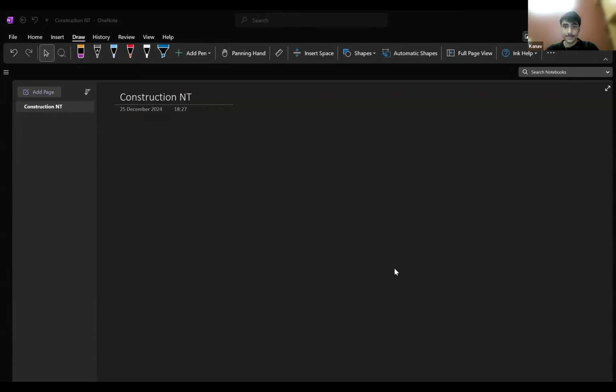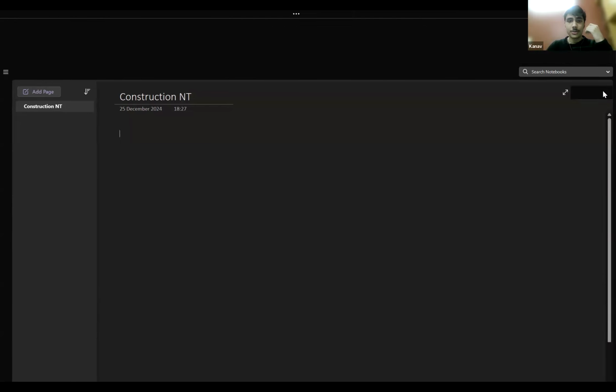Yeah, so I'll start. What exactly is construction NT? You will be given a statement of the form: prove that there exist infinitely many positive integers satisfying a certain property. I decided to divide it into two parts.